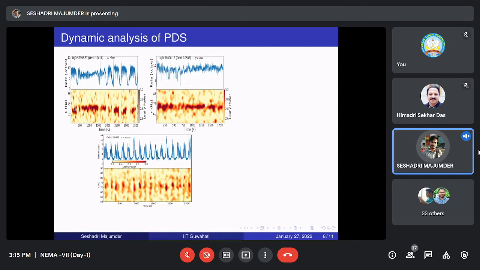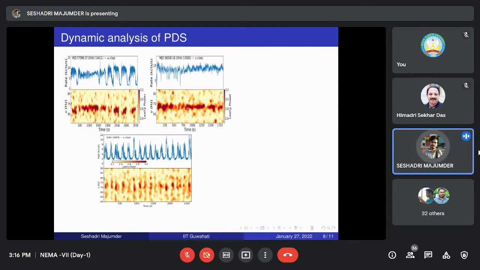We see that near 70 hertz, as indicated by this color bar, the power is maximum whenever there is a long duration of high count rate. And when the light curve suffers a dip, the power is significantly less. The same trend is also true for kappa class observations.